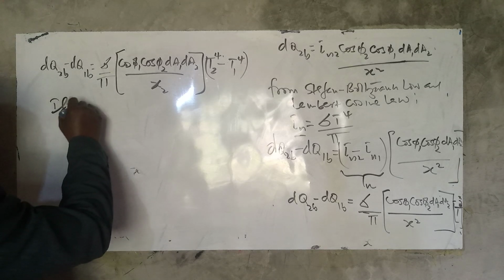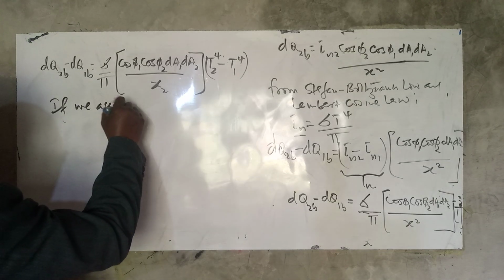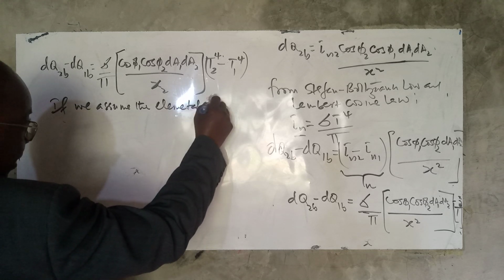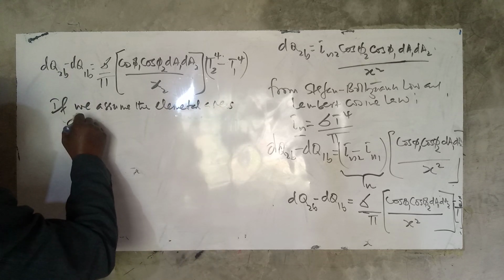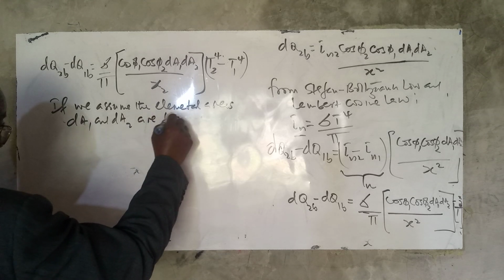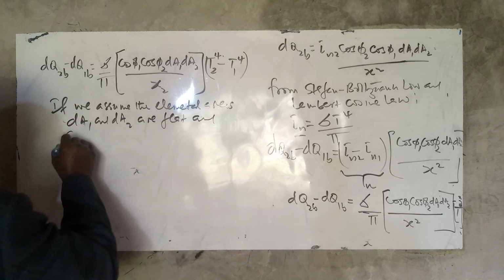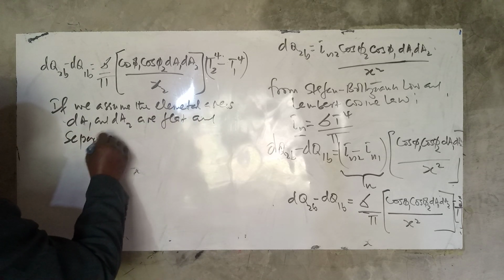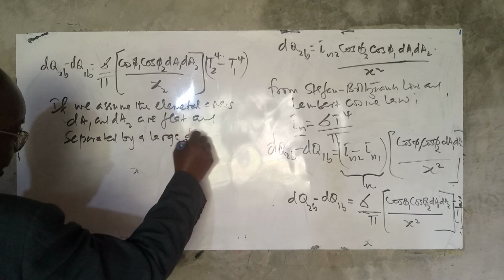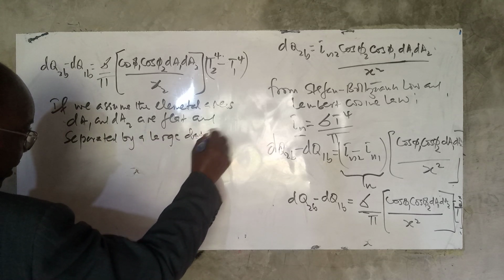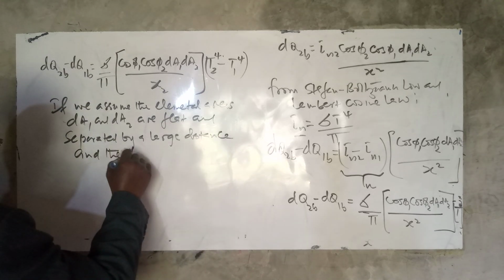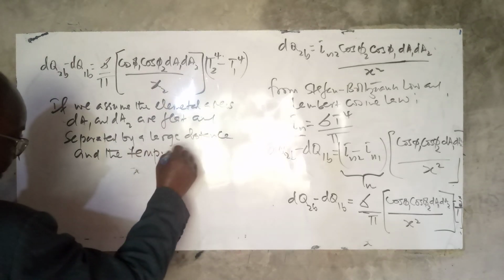If we assume the elemental areas dA1 and dA2 are flat and separated by a large distance, and the temperature relatively uniform.